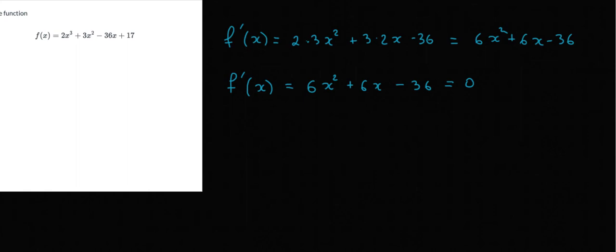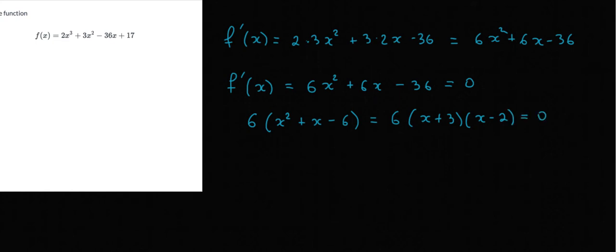In this case, it's fairly easy to factor this quadratic polynomial. First I'm going to factor out 6 to get 6 times x squared plus x minus 6. And then we can factor it further to 6 times x plus 3 times x minus 2.